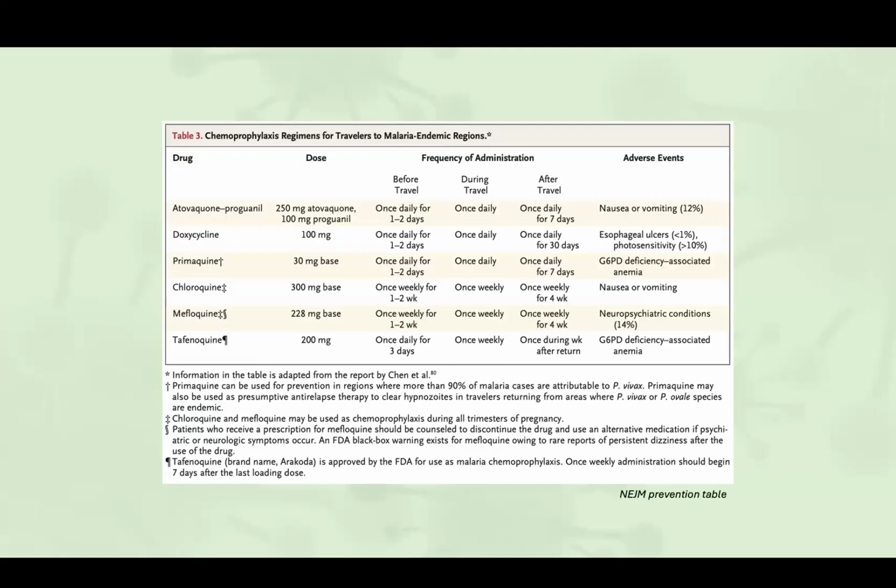Some side effects include photosensitivity, esophagitis, as well as needing to avoid it in pregnancy and in children under 8 years old. Primaquine and tafenoquine are best for Plasmodium vivax regions, but they require a normal G6PD level before prescribing. And tafenoquine is weekly dosed after a loading dose.